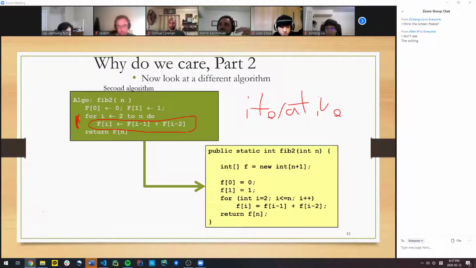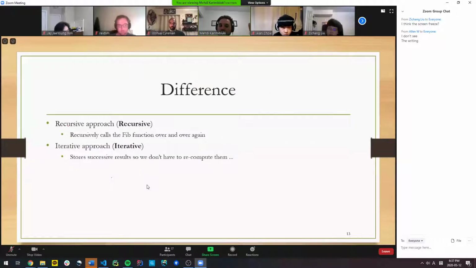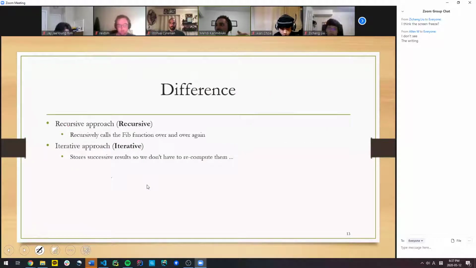We just have a for loop in there, right? So this is the for loop we have, and we do the same thing. Instead of calling the function itself, we are using the for loop to calculate the same thing. So there are two different approaches. One is recursive, the other is iterative, right? And now the question is which one is the faster one. Okay.